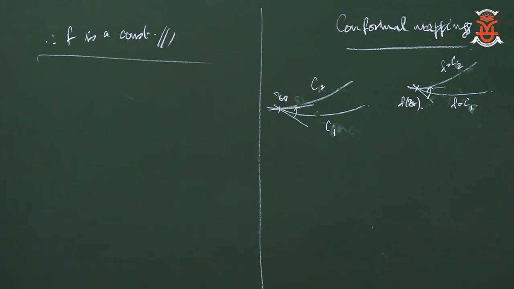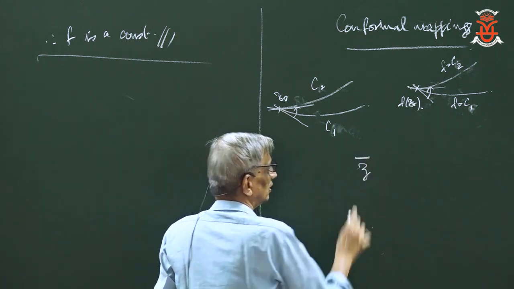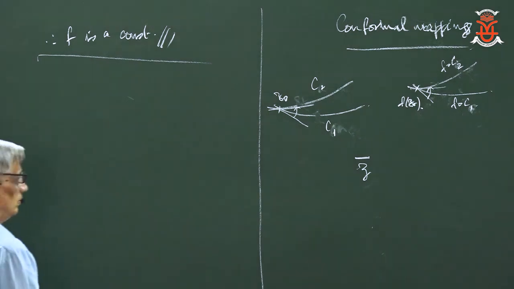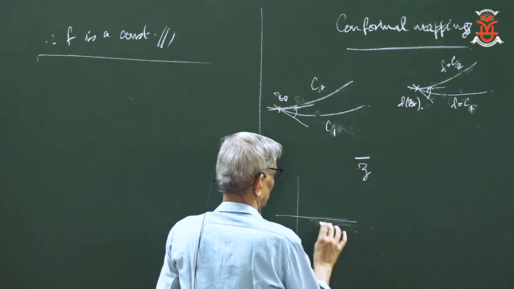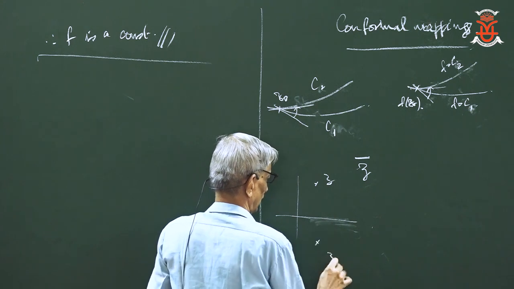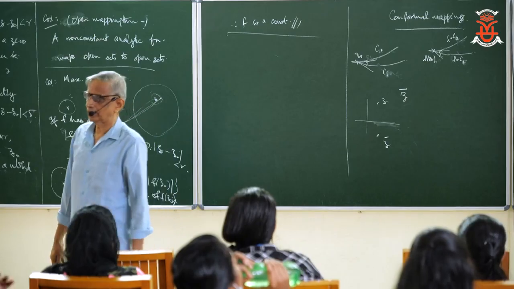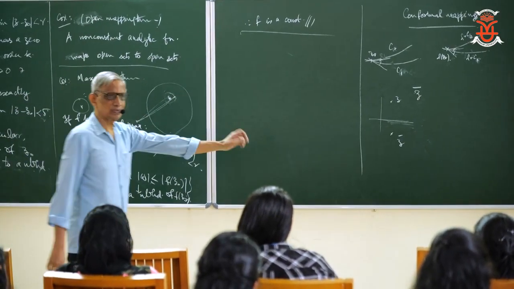What does the function z bar do? So if this is z, z bar is a reflection about the real axis. So what happens in this case?